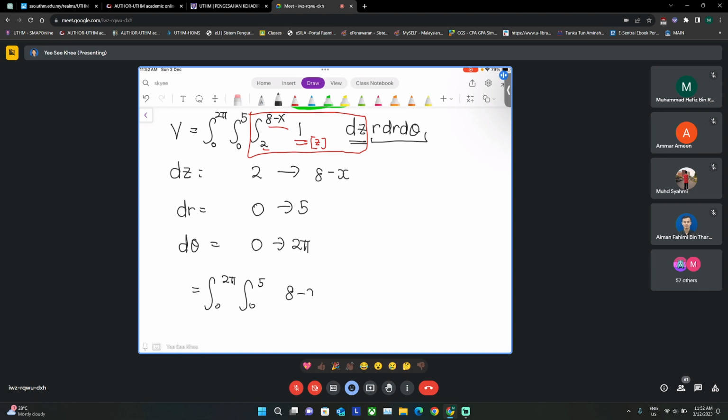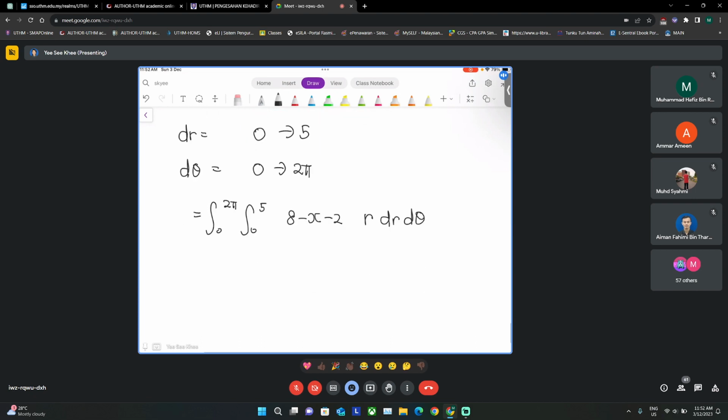It will become 8 minus x minus 2, r dr d theta. So here you can simplify to 6 minus x. So you can press calculator, 6 minus x, and it equals 35 over 2 d theta.